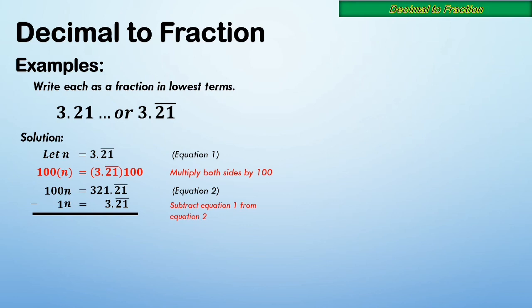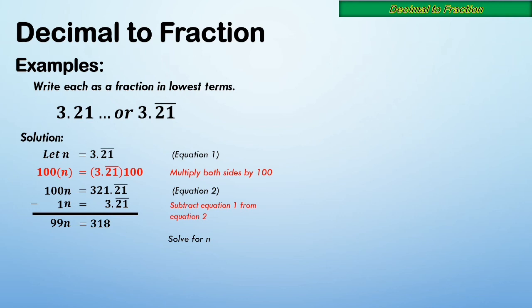Then, subtract 100n minus 1n. 100n minus 1n is 99n. Then, 321 minus 3 is 318. Wala na yung 0.21 na may line sa ibabaw kasi nga na-subtract na.